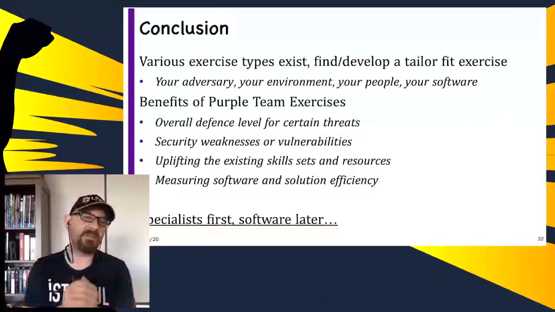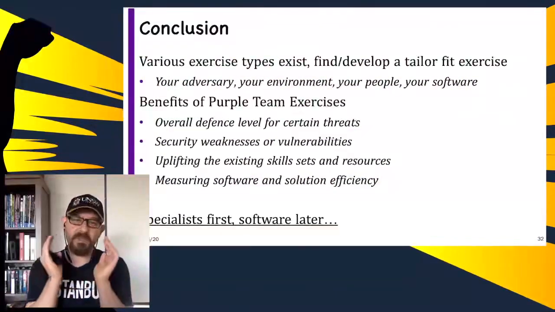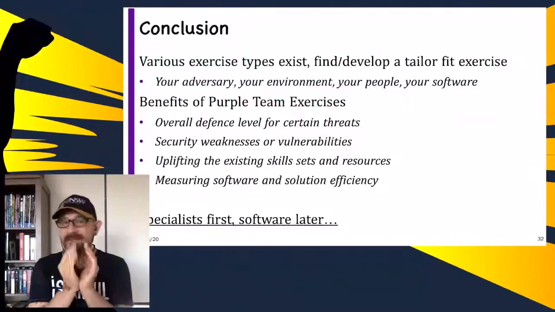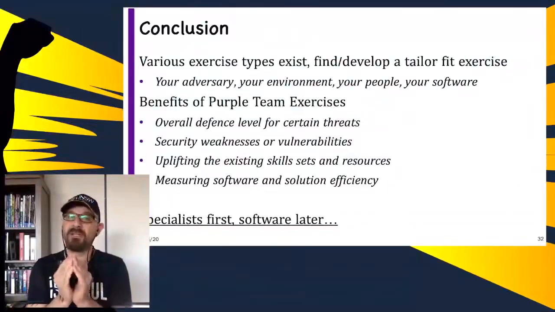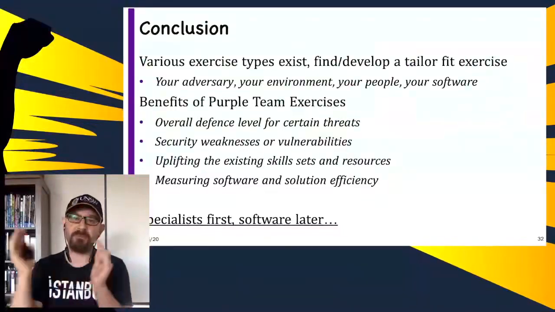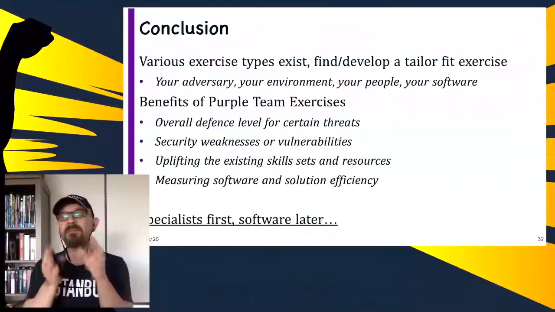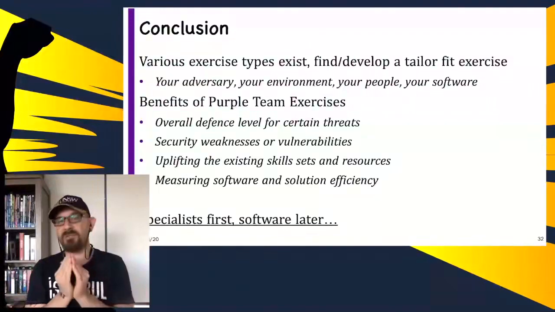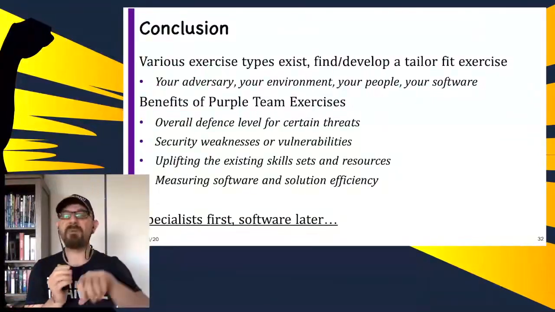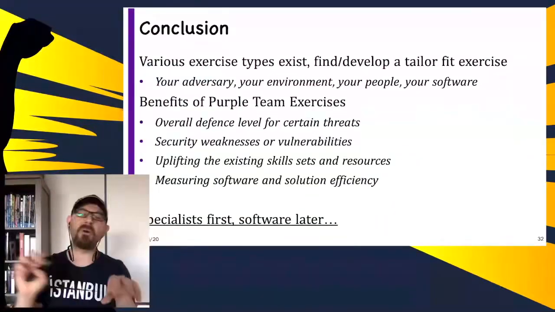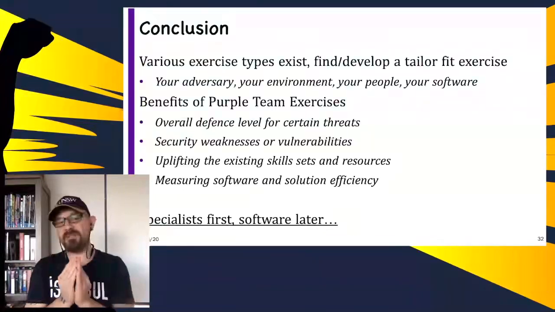And now it's the conclusion. Purple team is a quite beneficial exercise. And it is not an offensive exercise only. It is a collaboration. So blue team and red team should work together. And this exercise must be tailor-fit to the organization: their own adversary, their own people, their own software, and their own risks.